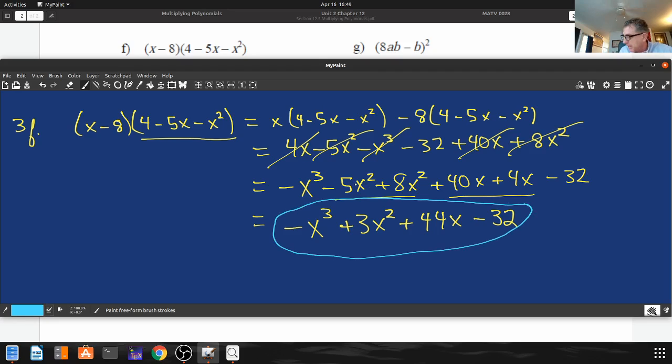The only thing I have different is the x squared term, and I just checked because x times minus 5x is minus 5x squared. And here minus 8 times minus x squared is plus 8x squared minus 5x squared. So I'm happy with that.